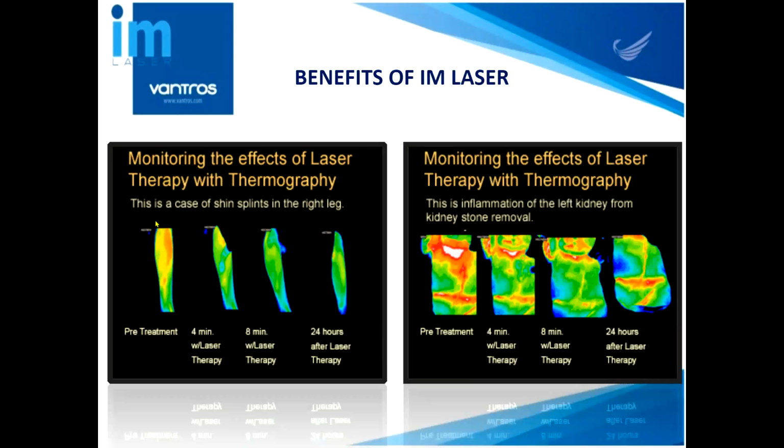Looking at the tomography, you can see the yellow and also orange color. This is inflammation, before treatment. After 40 minutes with laser therapy, and after 24 hours, you can see the inflammation is missing.